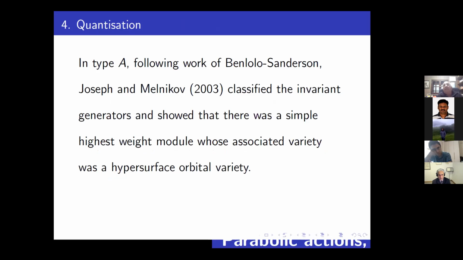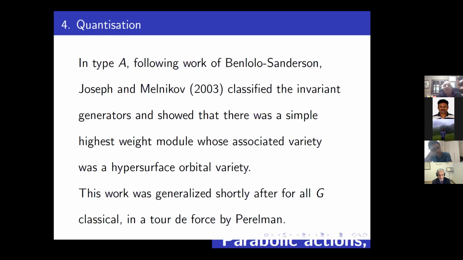That's the end of representation theory for this talk. This work was shortly generalized for all G classical in a really amazing tour de force by Elena Perelman.